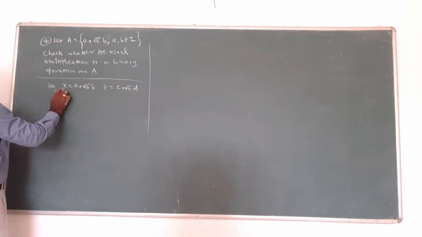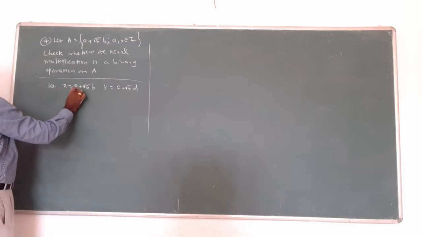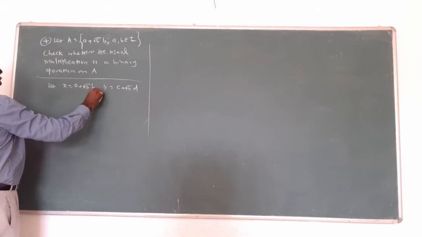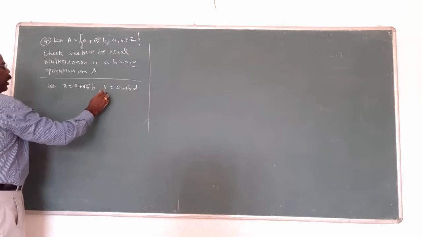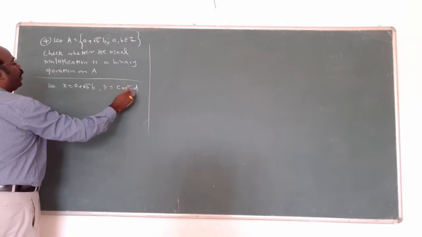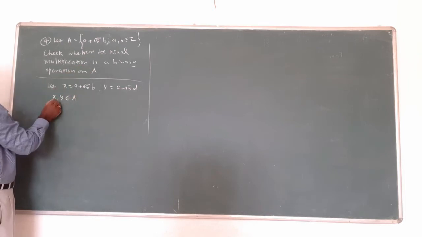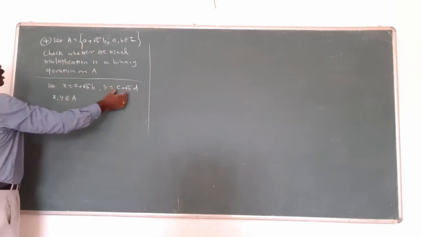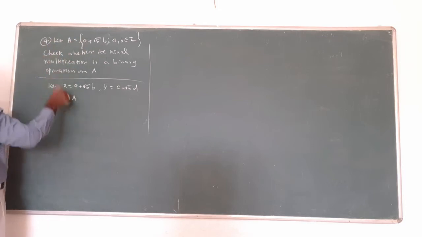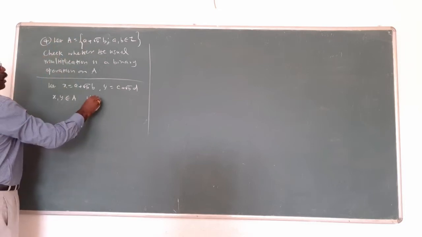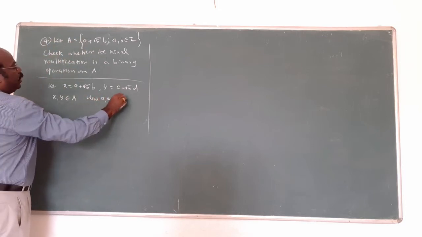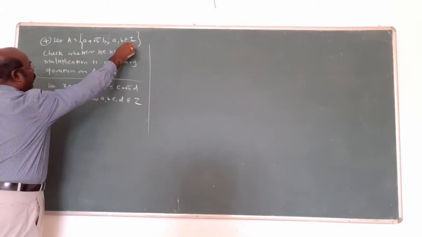Let us assume first element x is a plus root 5b, next element y equal to c plus root 5d, some other element. Now x, y belong to A, because x and y are in the format. Where a, b, c, d all belong to Z.